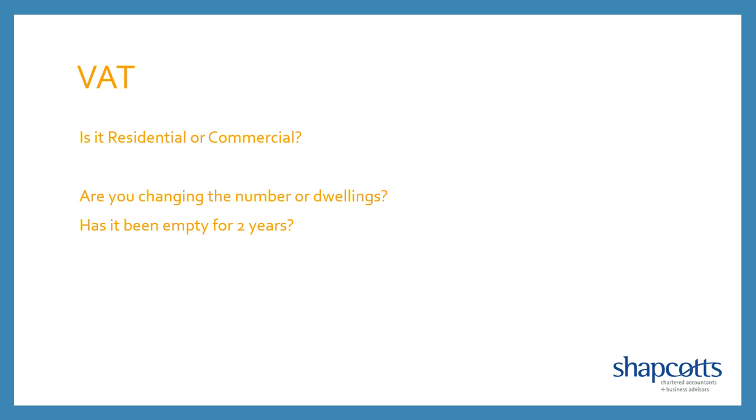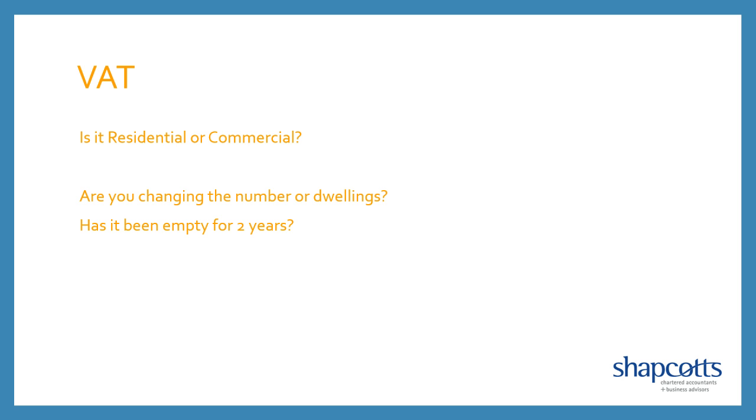They will ask you for, or should ask you for, a certificate, which is available to get online. There's not a specific one available, but you can pull one together based on the guidance that is available online, and you give that to them to tell them that it qualifies for the reduced rating, and then when they issue the invoice to you, they only charge you 5%.